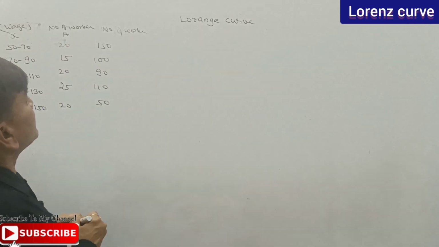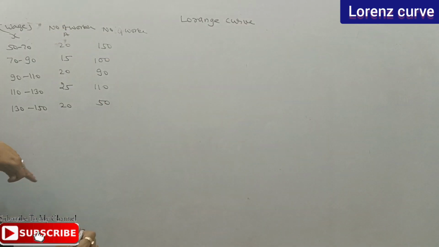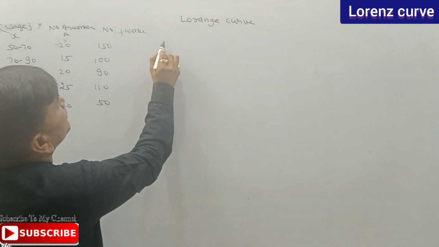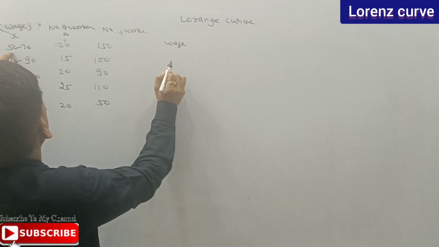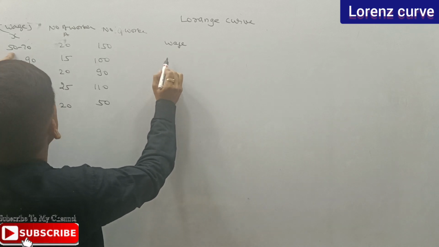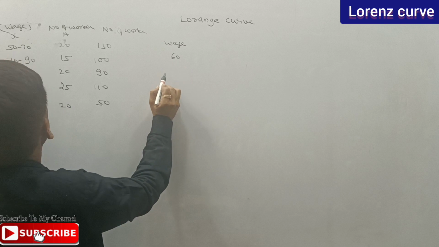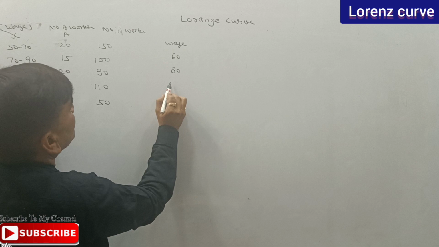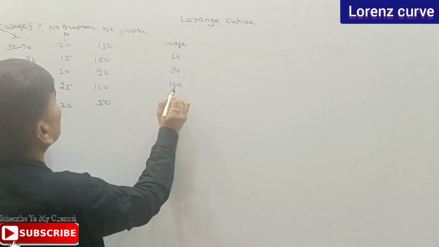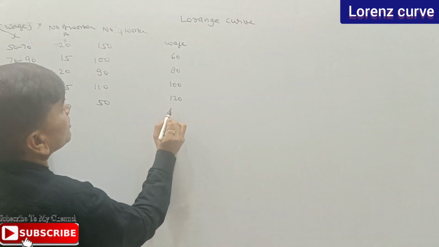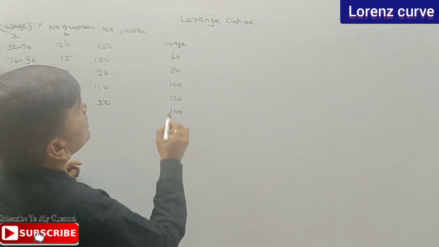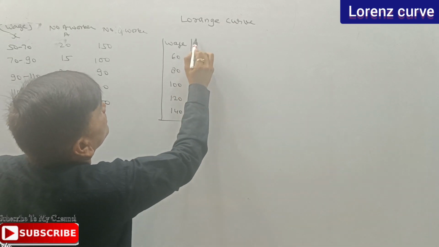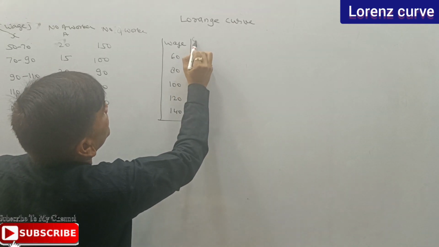The very first is the wage classes 50 to 70 and so on. The mid value of the first is 60, then 80, then 100, then 120, and then 140. So first we calculate the wage, then the cumulative wage.